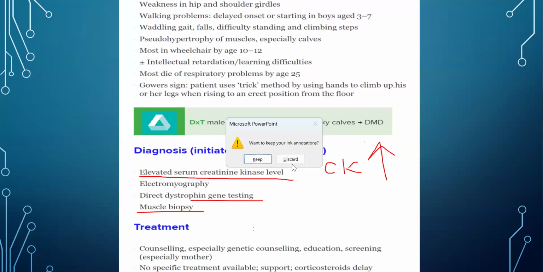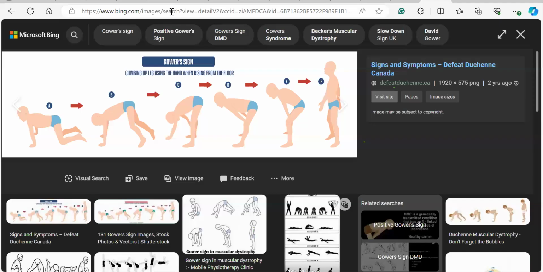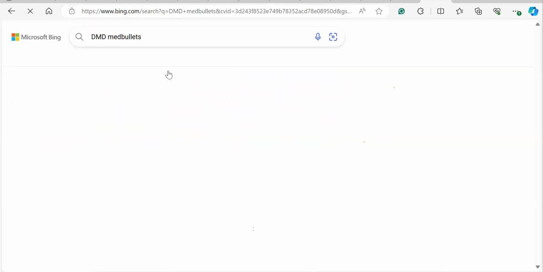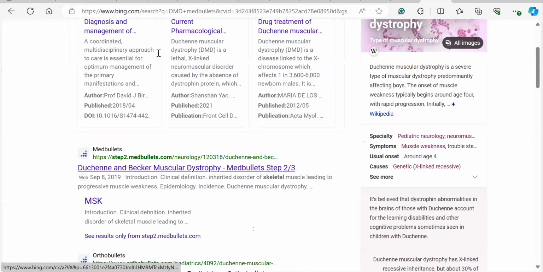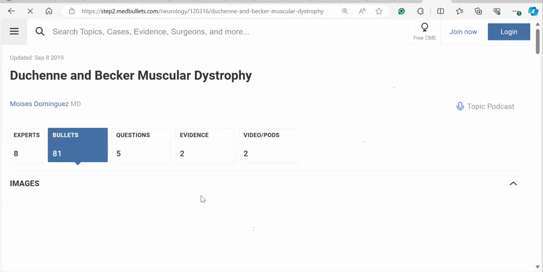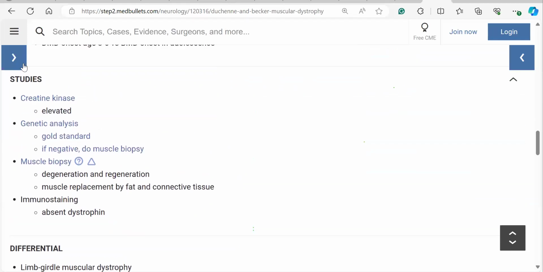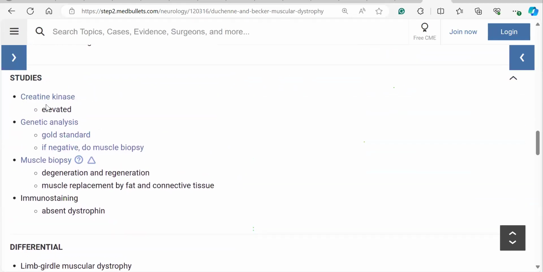There is a guideline. If you go to MedBullets, you can see in the investigation, first you will do creatine kinase, and then you do the genetic analysis, which is the gold standard.